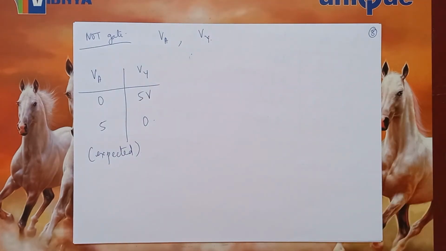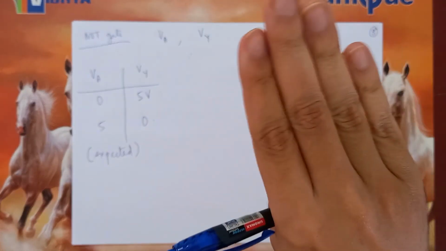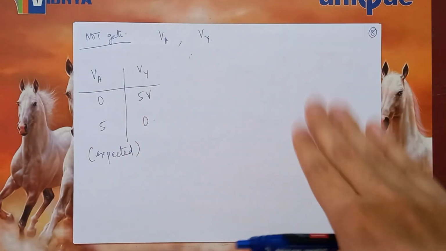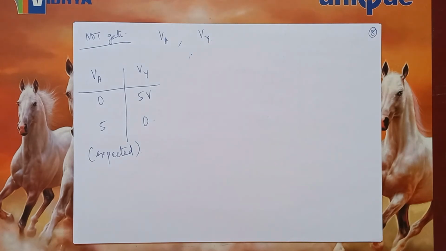Using those devices, could we come up with a circuit that can act like a NOT gate, where the input goes high and the output goes low, or the input goes low and the output goes high? Well, yes, we can use transistors.